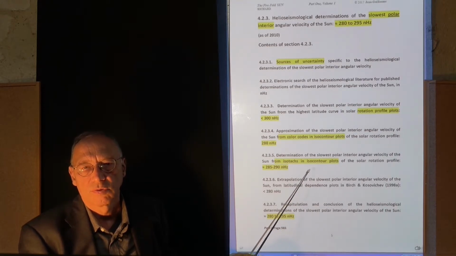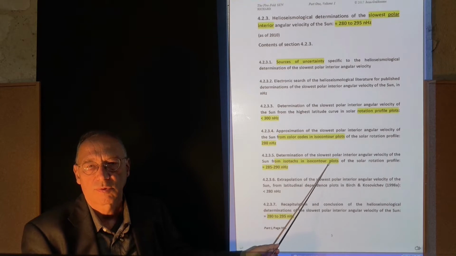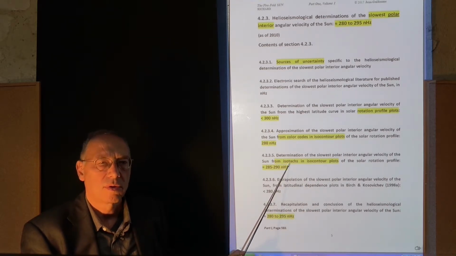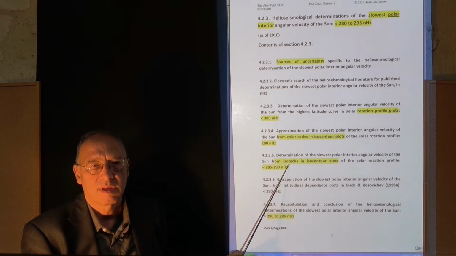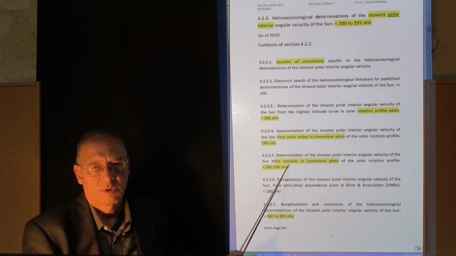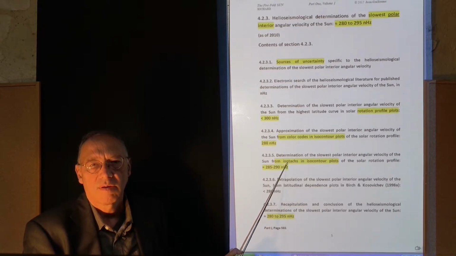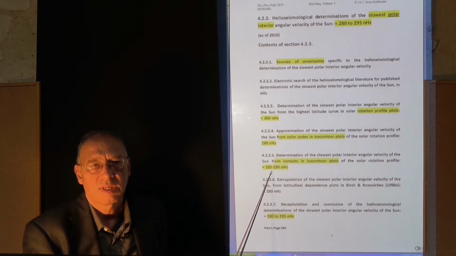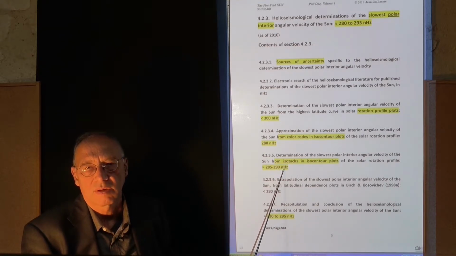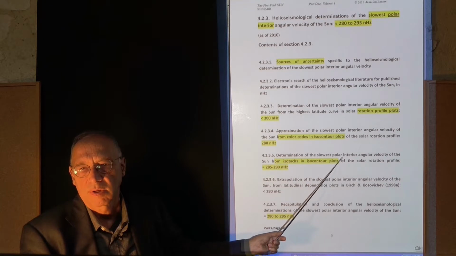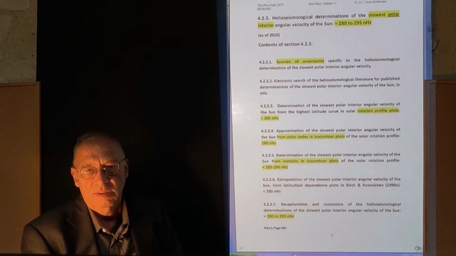If we then turn to isocontour plots, when we now look more precisely in a graphical display of a helioseismological measurement result, at the line itself of equal velocity instead of a band between contours of equal velocity, we arrive at a slightly different result, which is about 285 to 290 nanohertz, again for the slowest polar interior angular velocity in the Sun.